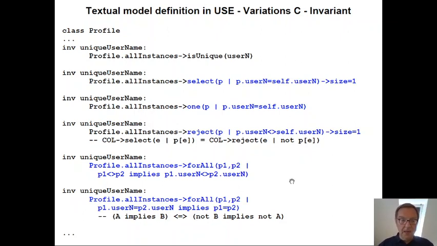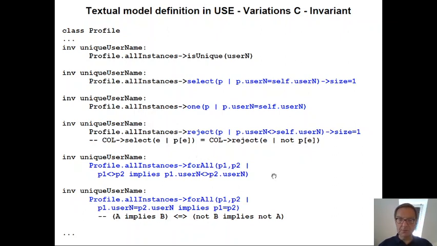There's another way of formulating the uniqueness requirement. And it goes as follows. We are using the universal quantification. We have here a for all.